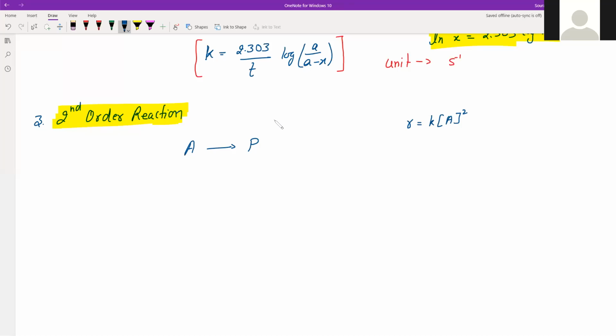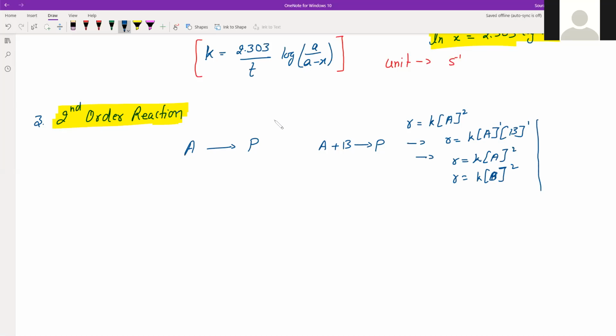Suppose if there is some other example, say A plus B giving some product P, then in this case it can be again, right, it can be anything, A and B to the power 1, or it can even be R is equal to K A to the power 2, or it can be just R is equal to K concentration of B to the power 2.